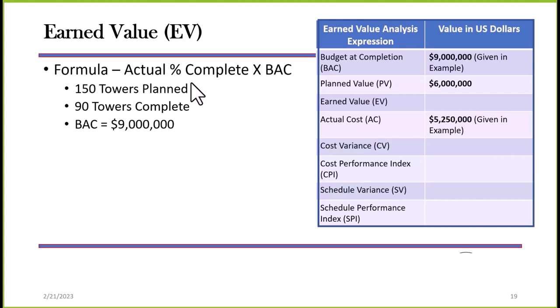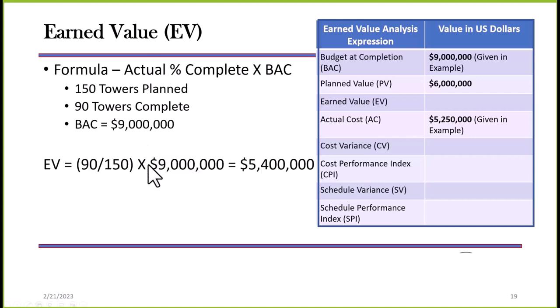The BAC is $9 million. What is the actual percent complete? If I plug those numbers into the formula, it would be 90 divided by 150, and you multiply that times $9 million, and that gives us an earned value of $5.4 million.